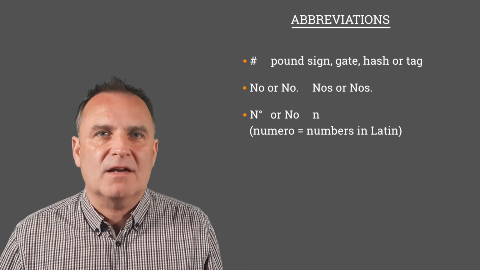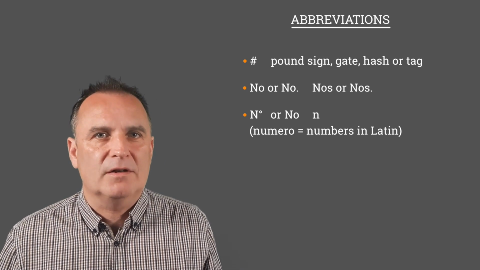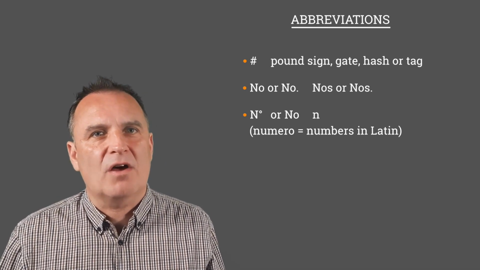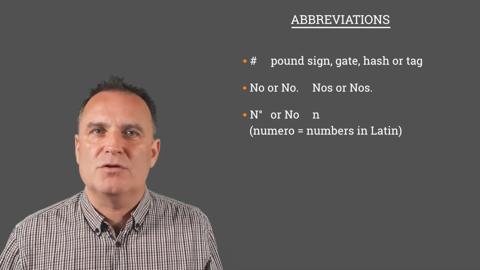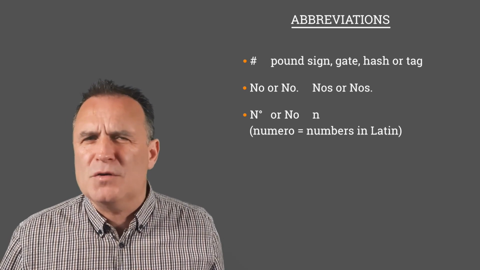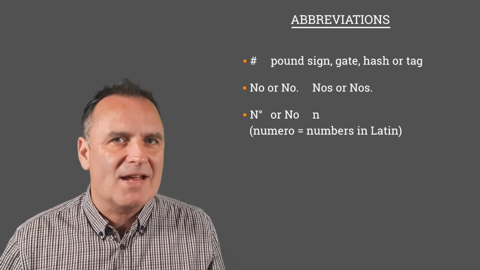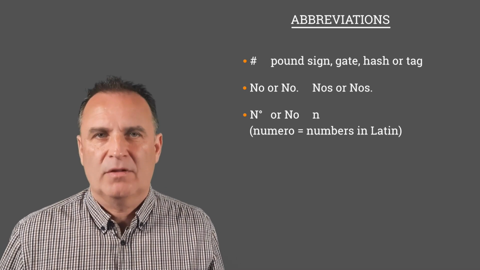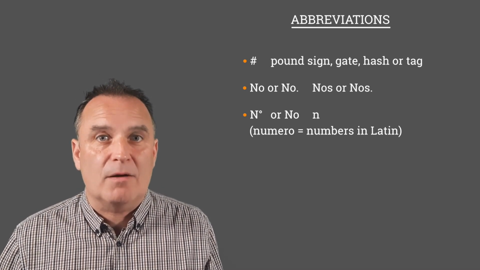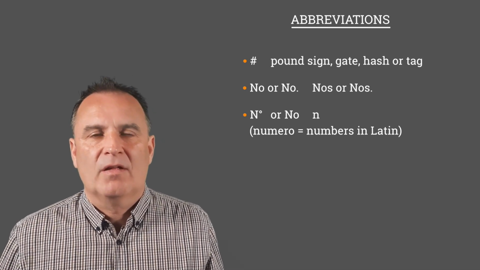But in fact, and still in the USA, but a little bit around the globe, this sign has typically been used to represent the word number. And confusingly, it's often called the pound sign, or the gate, or the hash. And it often precedes a number, for example, on house addresses.